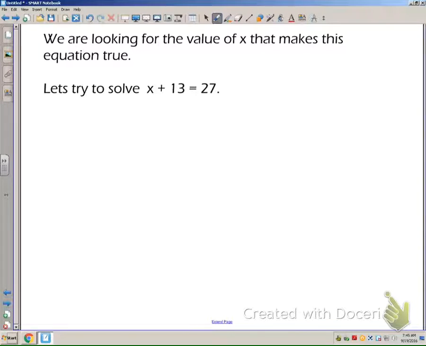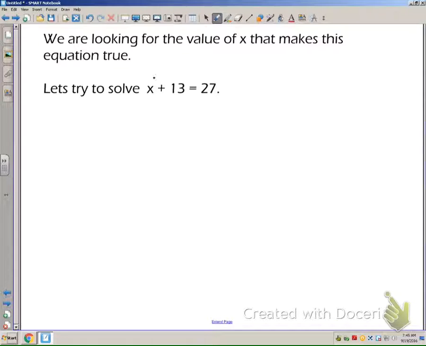The addition property says that adding the same number to each side of the equation produces an equivalent equation. The subtraction property says subtracting the same number from each side of an equation produces an equivalent equation. What that means is whatever I do to one side, as long as I do the exact same thing to the other side of the equal sign, I'm going to produce an equation that's the same thing.